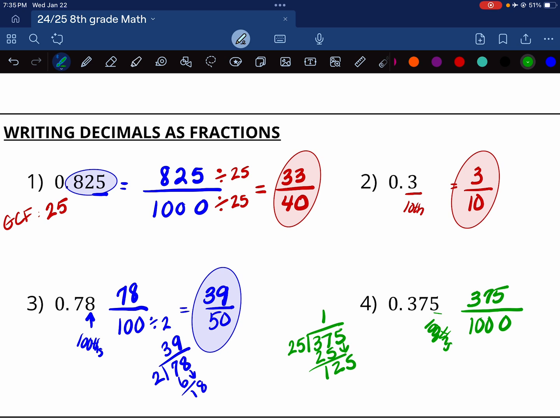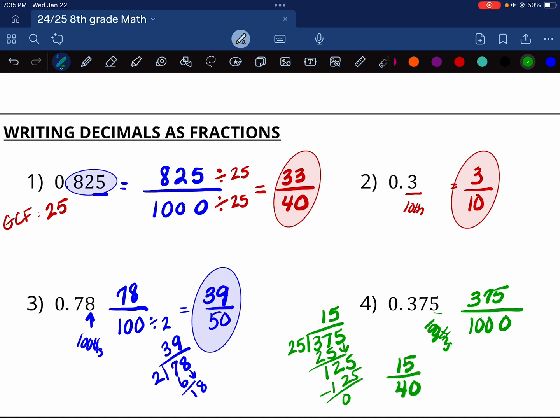There are 5 quarters in $1.25, so that gives me 15, with a remainder of 0. Then 1,000 divided by 25 we already did above, it's 40. So by using 25, we now have 15 over 40.